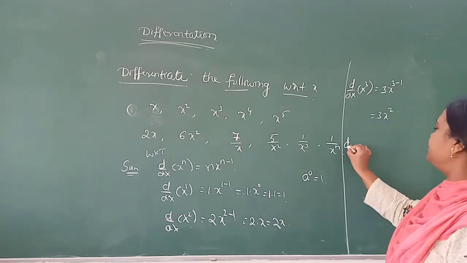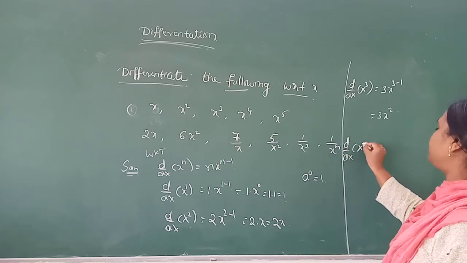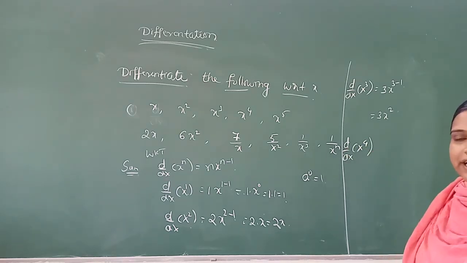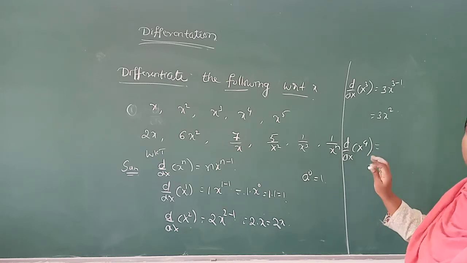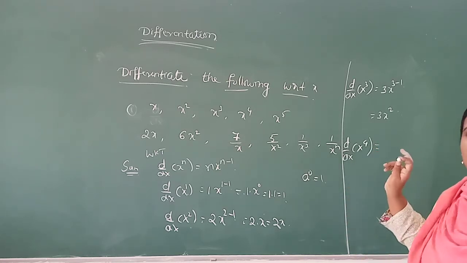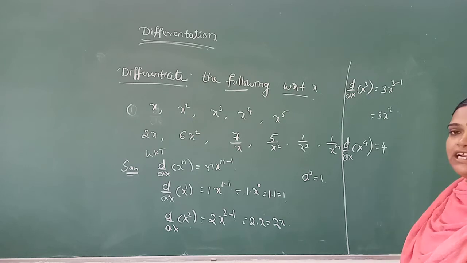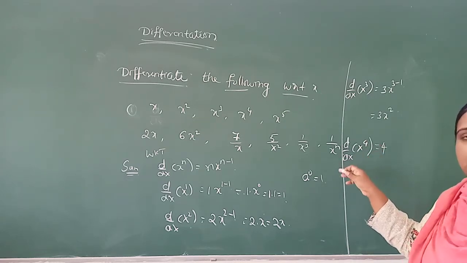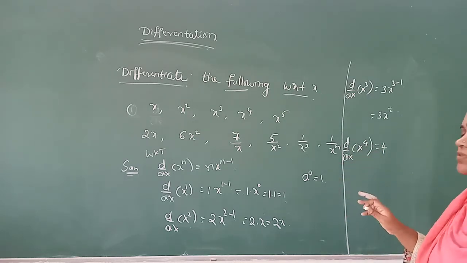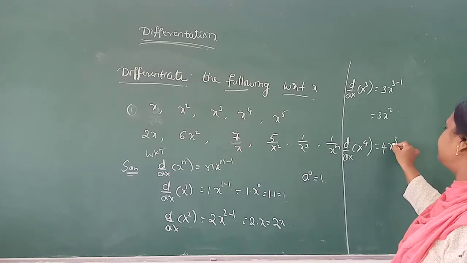Similarly we can write d by dx of x to the power 4. We will write directly. First step is the power should be multiplied, 4. And next, the power of x is reduced by 1, means 4 minus 1, which is 3.